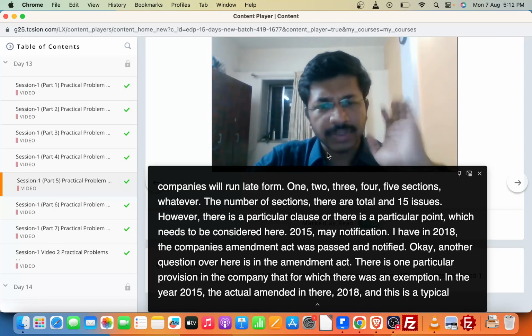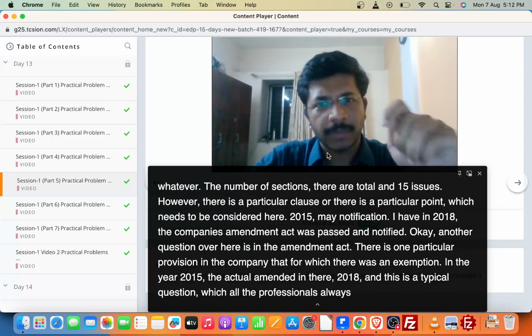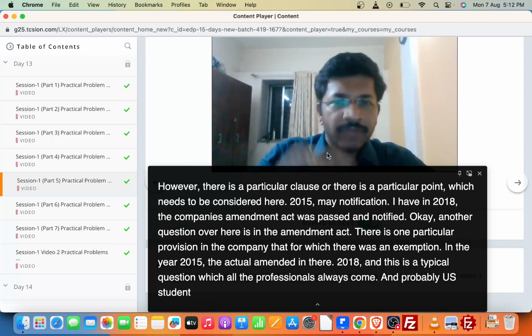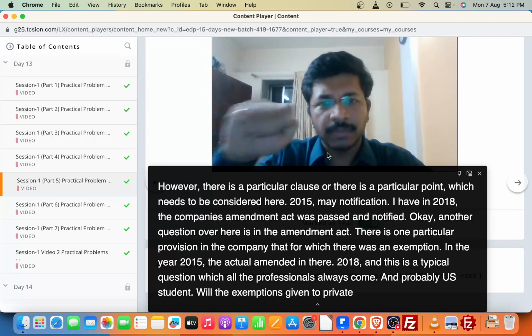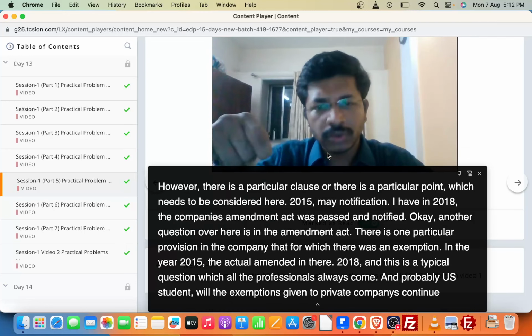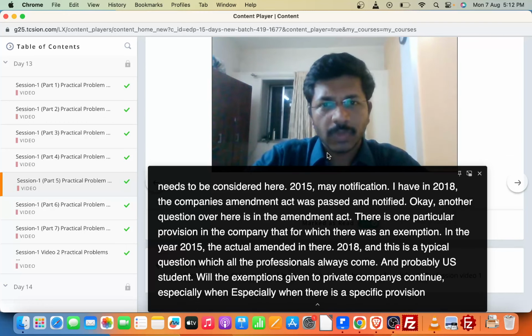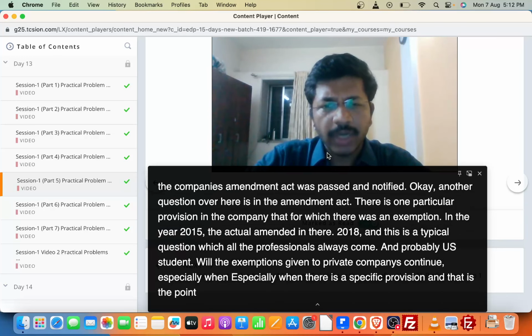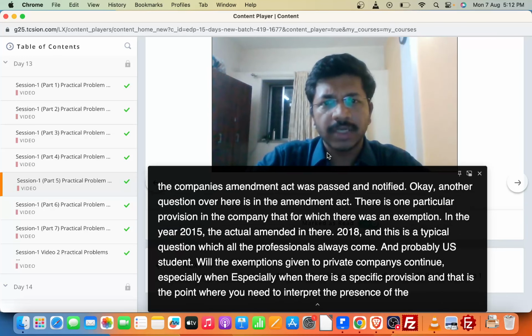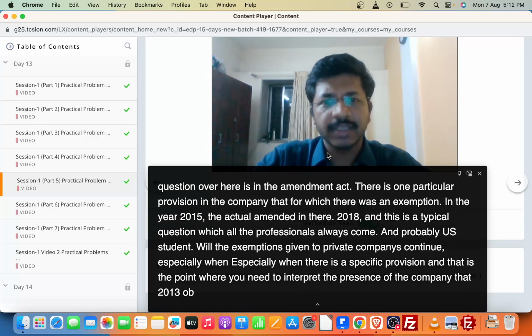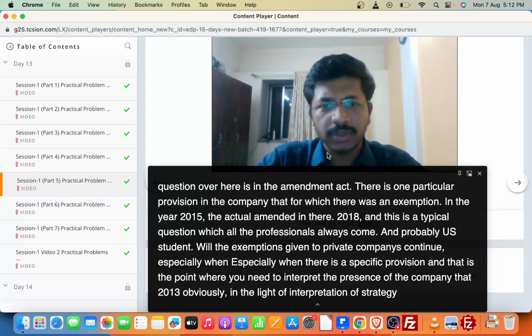And this is a typical question which all the professionals always come across, and probably you as a student. Will the exemptions given to private companies continue, especially when there is a specific provision? And that is the point where you need to interpret the provisions of the Companies Act 2013, obviously in the light of interpretation of statute.